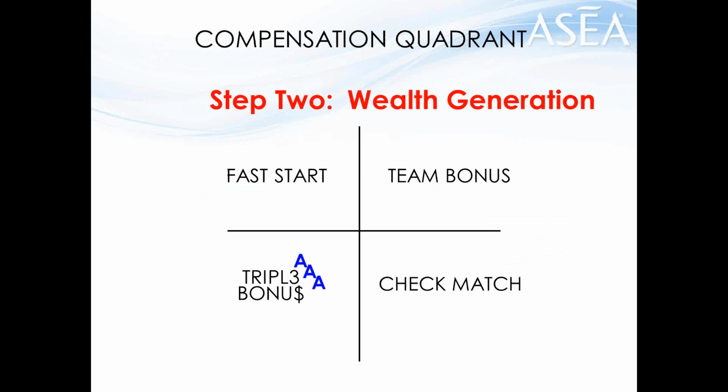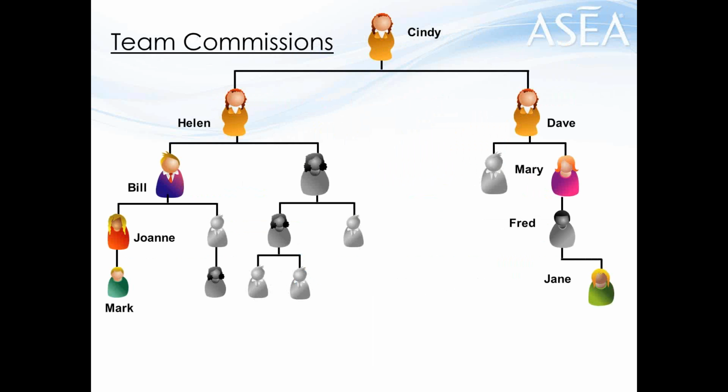Okay. Then finally, I'm going to stop here at team bonus. We're going to stop you here at $40,000 a month. If any of you are making 40 grand a month, give me a call directly. Let's get you bigger. We'll definitely go over check matching, but by then you'll already know what check match is. But for right now, I think just by understanding team commissions, the check match will automatically happen.